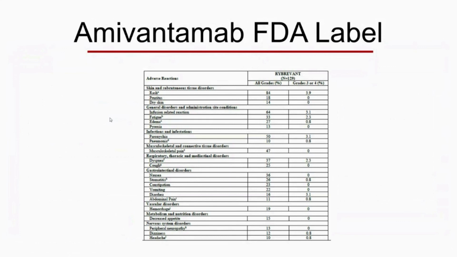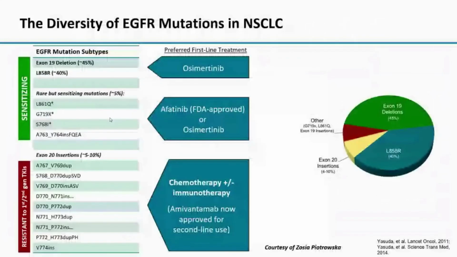Most of these tend to be lower grade. Jack alluded to this, that one of the most common side effects we see with this agent is an infusion reaction. It tends to occur with the very first administration of the agent, and then once we get through that, it tends not to recur. Rash is one of the other more common side effects with this agent. So let's go to the next slide.